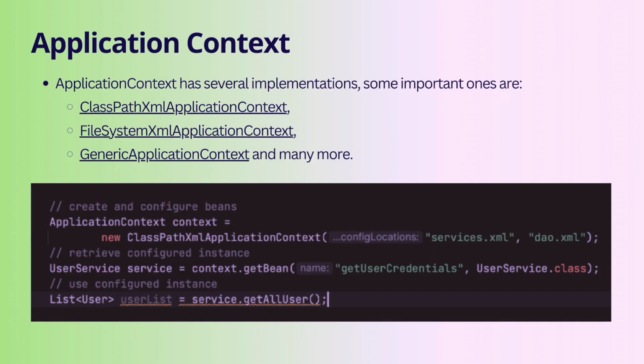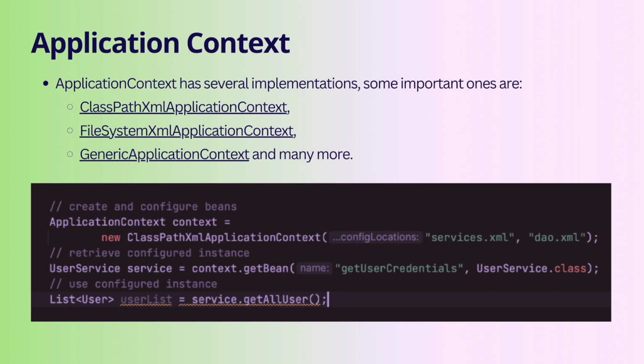Now application context has several implementations. There are many, but usually two are quite common: class path and file system based XML application context. If you see the code snippet below, we are creating an object of application context where we are referring to ClassPathXmlApplicationContext.